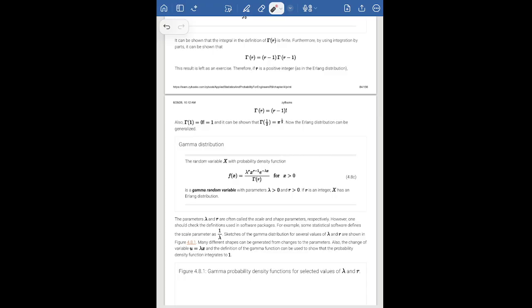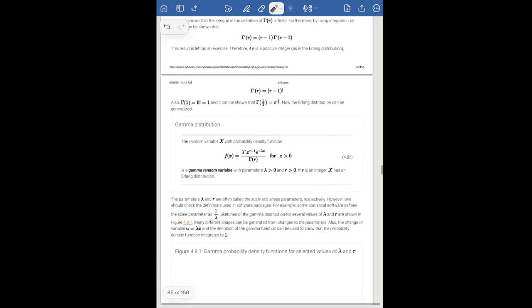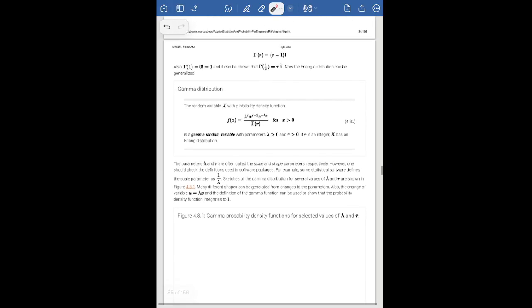Okay. And here's our gamma distribution that I promised, and that gamma function is featured within that distribution's function. So we have this as a random variable with these parameters. Now, if r is an integer, I'm going to say X has an Erlang distribution.